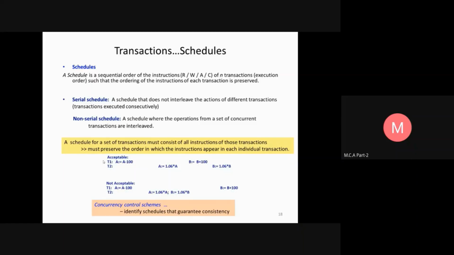So it is the job of the database to ensure that any schedule that is executed will always leave the database in a consistent state. The concurrency control component of the database carries out this task. It has to identify the schedules that guarantee consistency in the database.